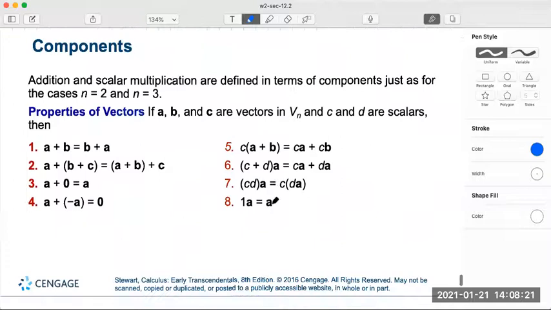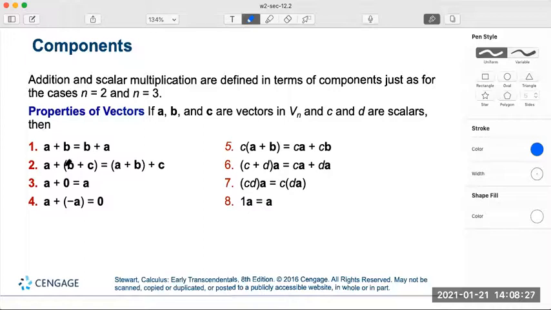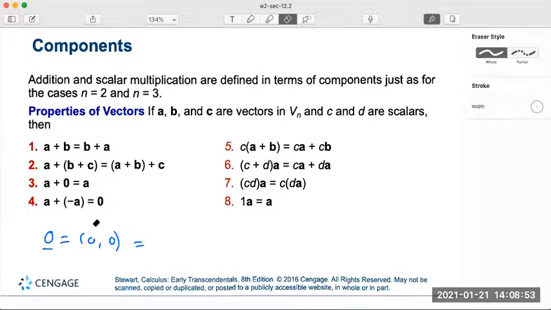And here are some properties. A plus B is the same as B plus A. A plus B plus C is A plus B, then plus C here. And A plus 0, where 0 is the zero vector, is A. And A plus negative A will be 0.